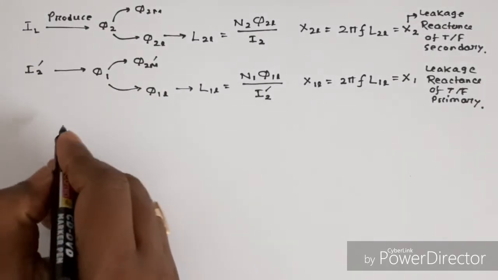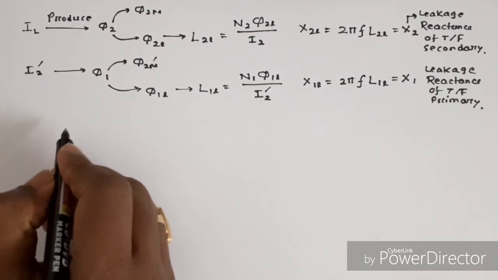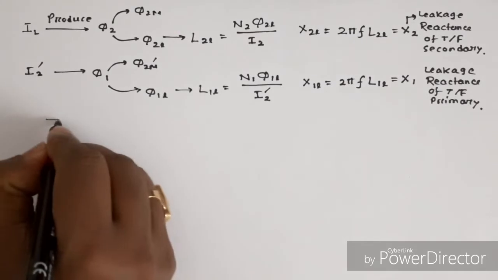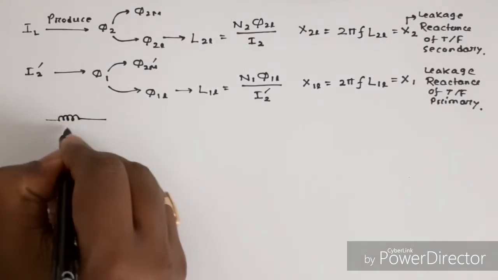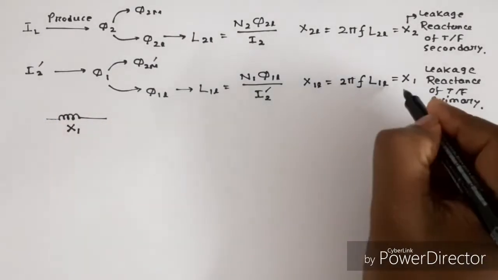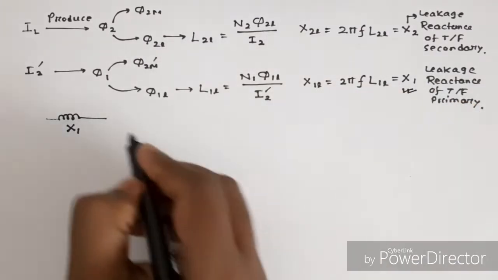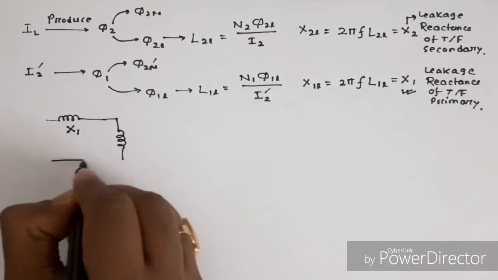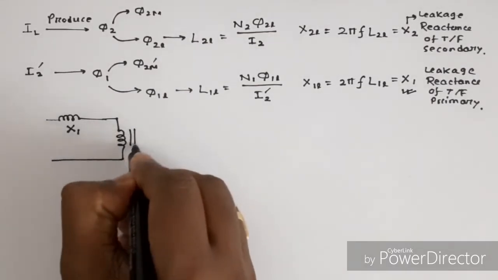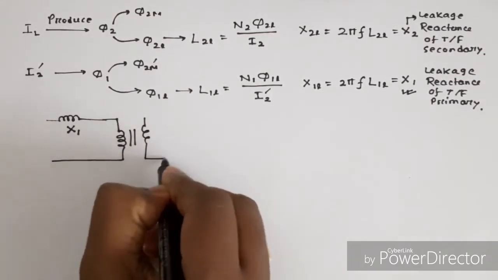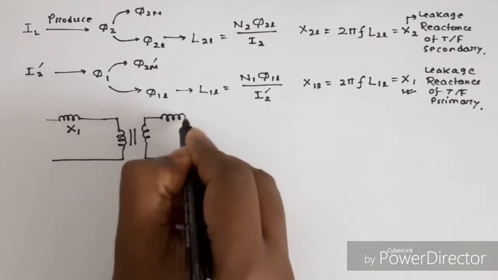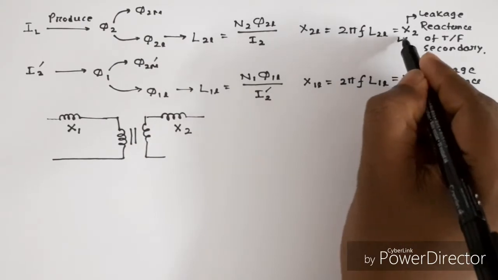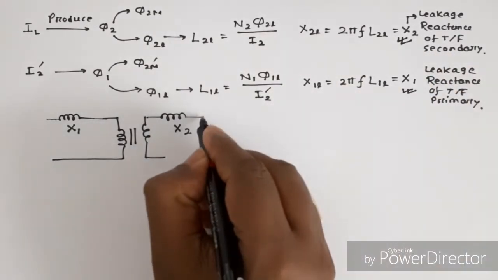Now, if we draw the equivalent circuit of the transformer due to reactance, this is X1, the primary winding reactance, and this is the transformer. X2 is the secondary winding reactance.